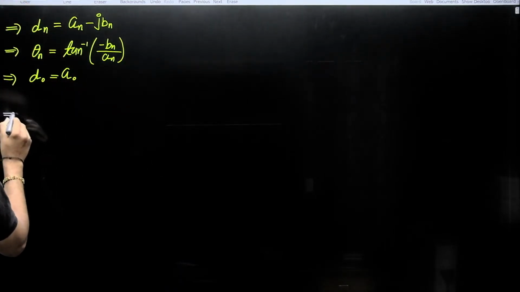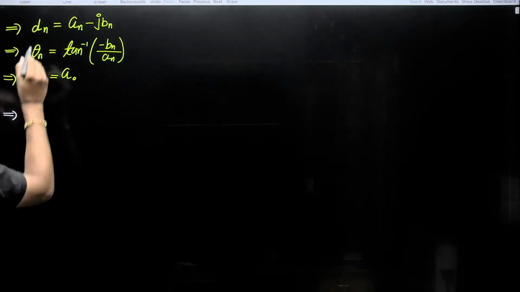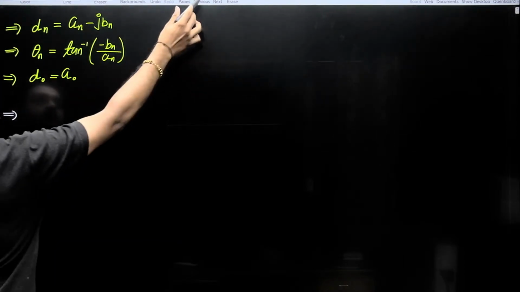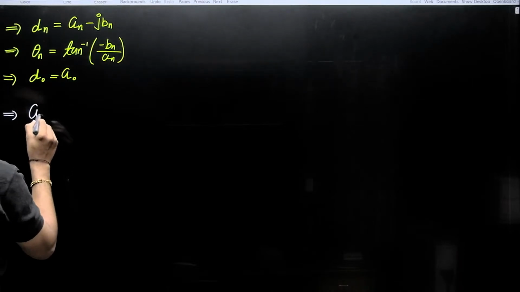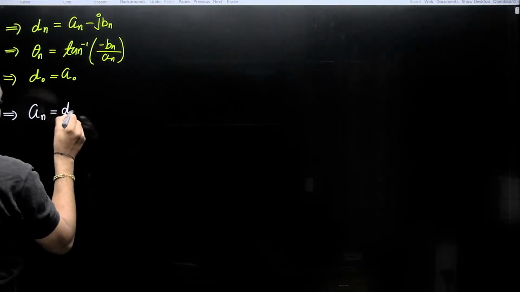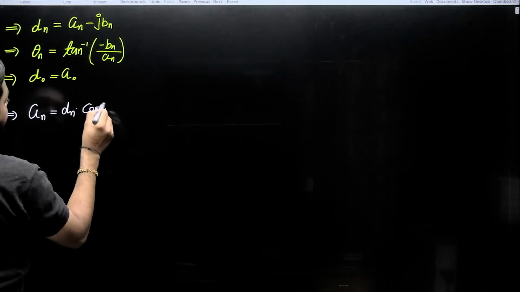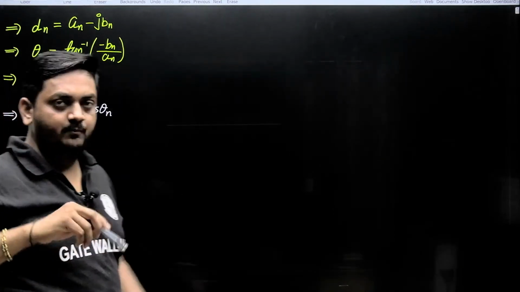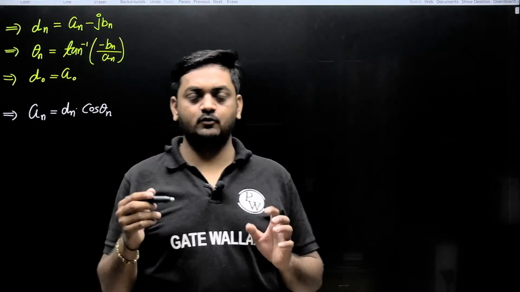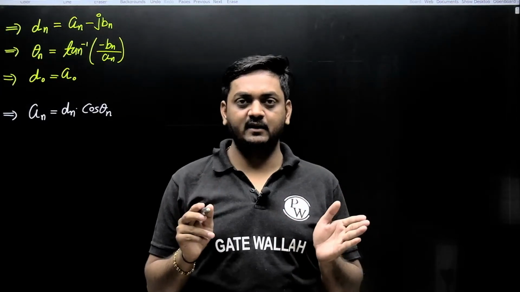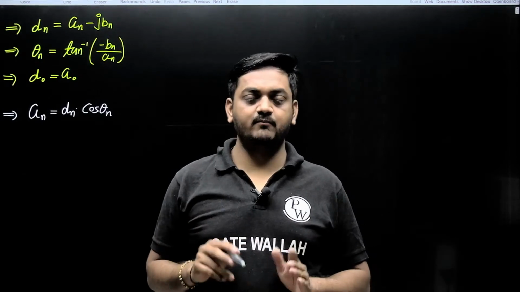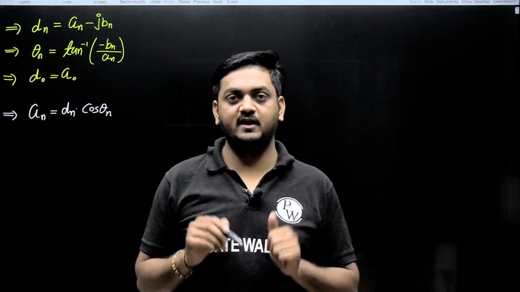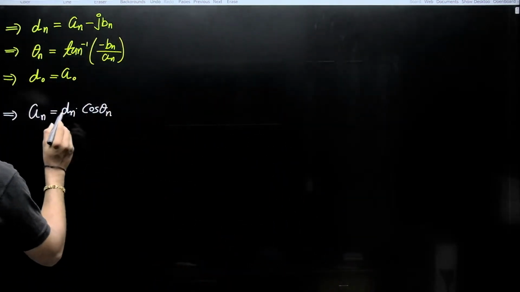Suppose if you have theta n, dn and d0, then how to find an? Suppose we have the coefficients of the polar form, dn, theta and d0. So we can find a0, an and bn with the help of d0, dn and theta. So an is nothing but dn cos theta.